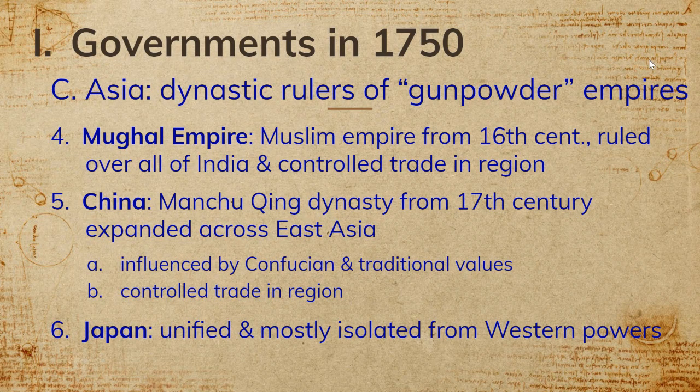Looking at some of our other dynastic rulers of these gunpowder empires, we have the Mughal Empire that's controlling almost all of India. It's a Muslim empire that begins in the 16th century, so the 1500s. And they get their power through gunpowder, through using some strong armies and strong technology, but also through controlling trade. They control these major routes.